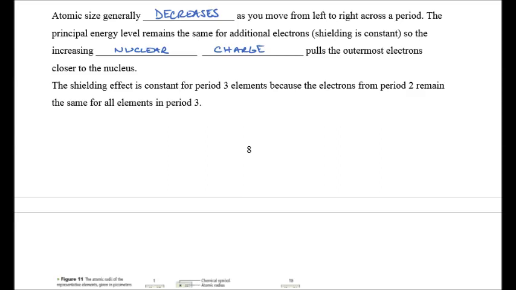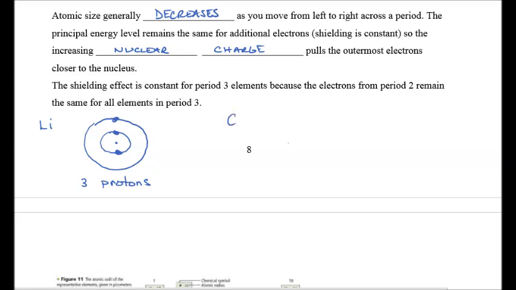So if we were to draw lithium, we have a nucleus, we have 2 electrons in the first shell, and we have an electron in the second shell, or principal energy level. There are 3 protons pulling the electrons closer to the nucleus.